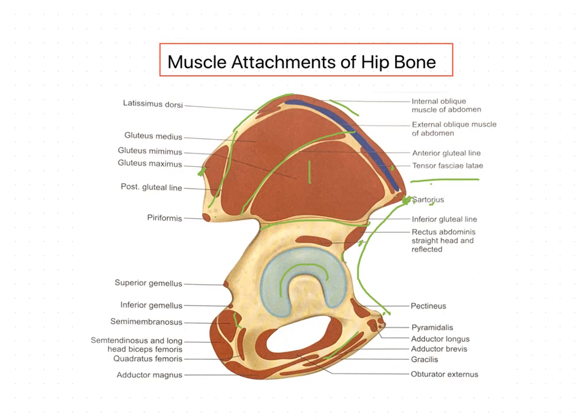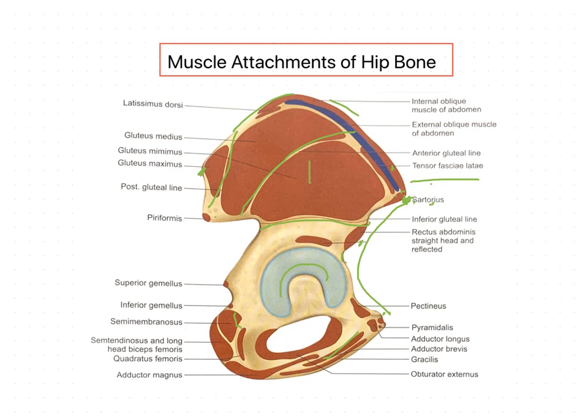We are going to see the muscles attached to the iliac crest separately, but some of the muscles attached to the iliac crest can be seen in this external aspect. Most of the muscles attached to the outer lip of the iliac crest can be seen here. One is the external oblique muscle, which is getting inserted here.